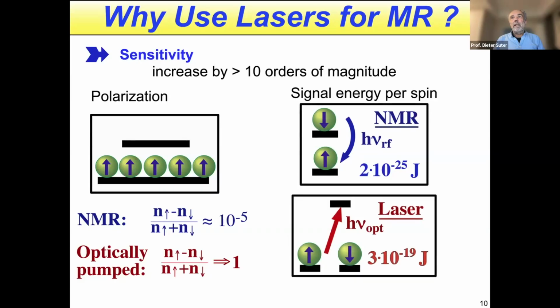In NMR, your radio frequency photons have a signal energy on the order of 10 to the minus 25 joules. If you use optical photons instead, the signal energy increases by about 6 orders of magnitude. So that means they're much easier to detect and they don't have to compete with noise.